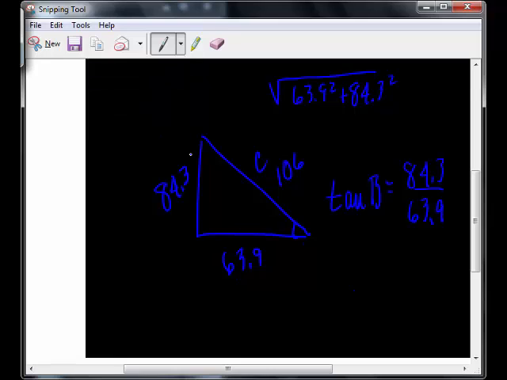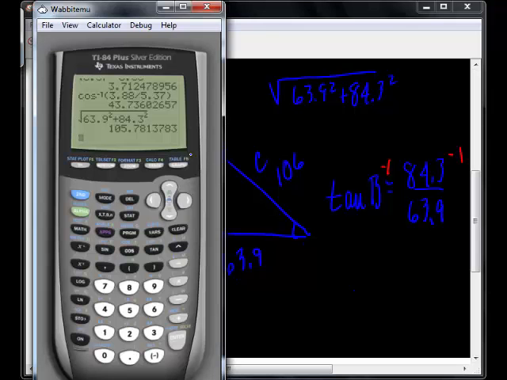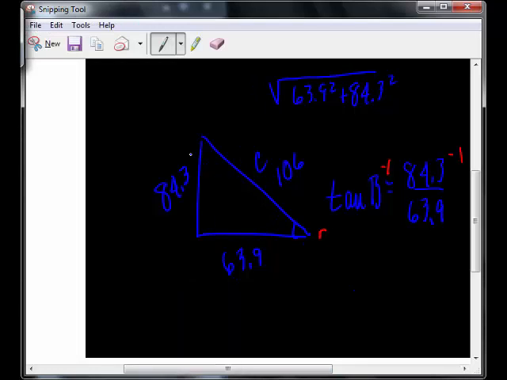Remember, we're going to find the angle whose tangent is, or arctan, of those parts, and so we get second function tangent 84.3 divided by 63.9 is 52.8, which makes this 37.2 degrees. Next one.